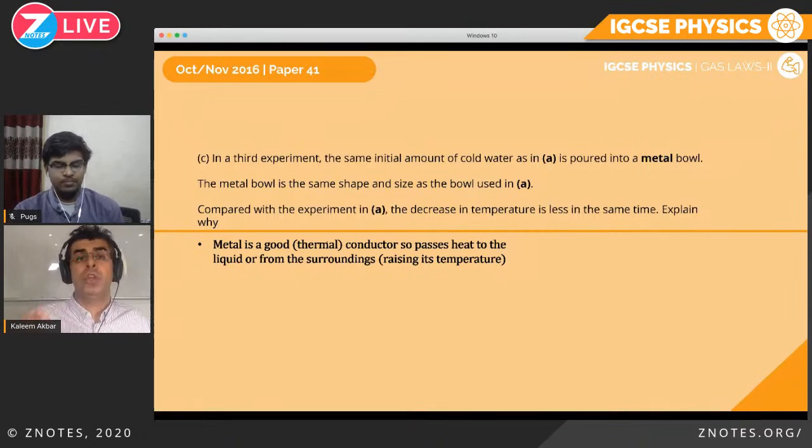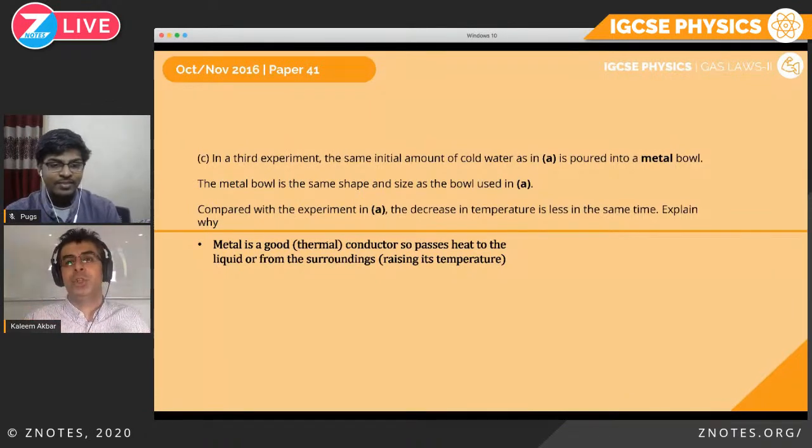The only time that the water would lose energy to the room is if the water was warmer than the room to begin with. But if the water's cold, it's going to gain heat. It's a common misconception. When I teach students about latent heat, they'll talk about ice creams and go, why does it melt? Or why do we need to make sure the ice cream, or something cold, is insulated?